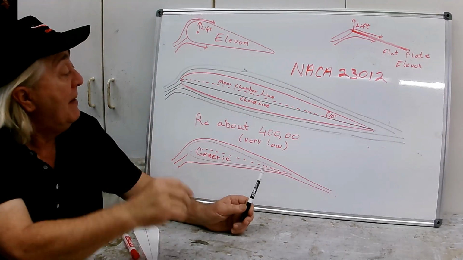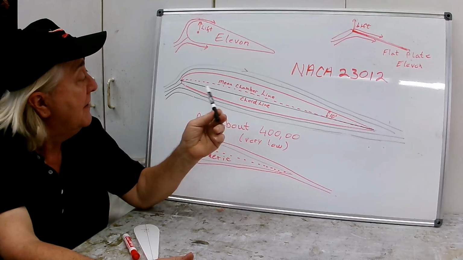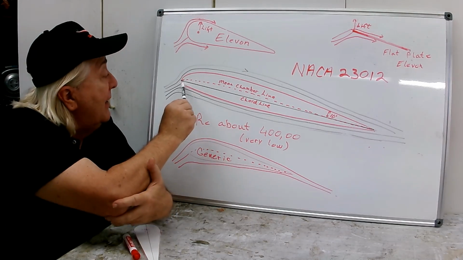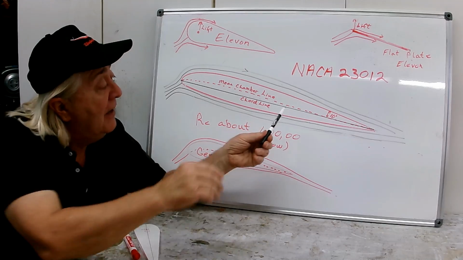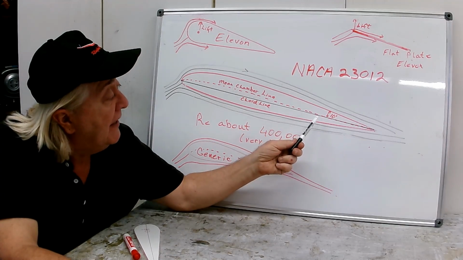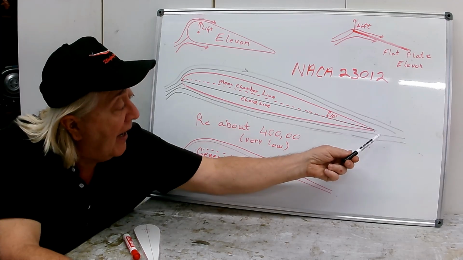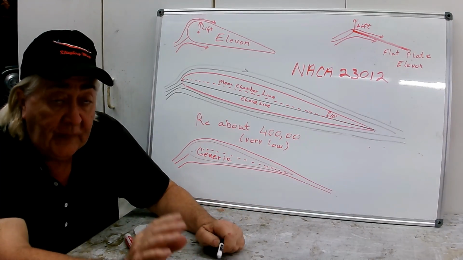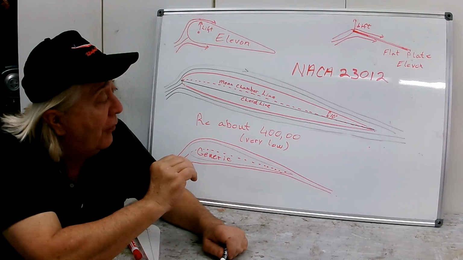Now, on the NACA 23012, which is what this airfoil is, the mean camber line actually arcs up pretty quick here in front, then slowly comes back down. And one of its unique features is it gets back down to the chord line, and then it just kind of goes straight out the back. Now, it's not very pronounced, but that's actually some reflex in the airfoil.